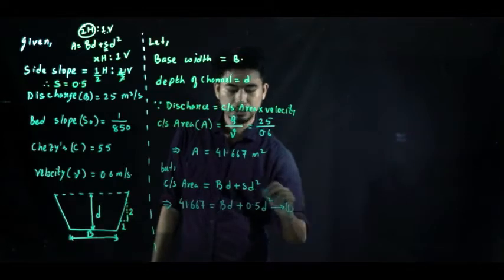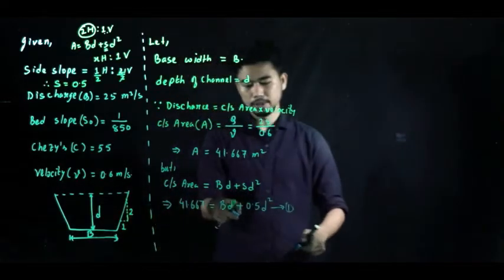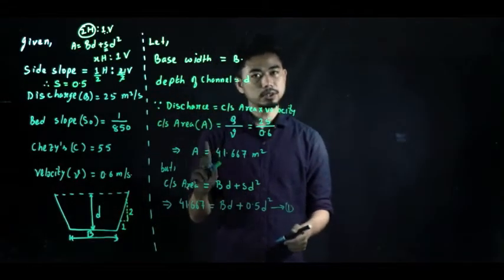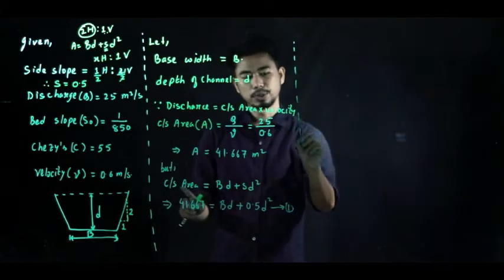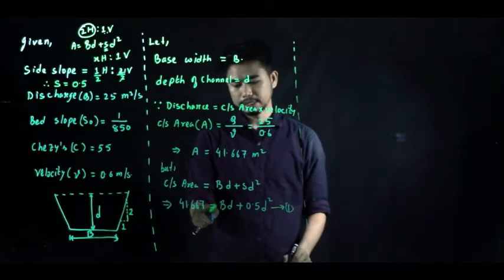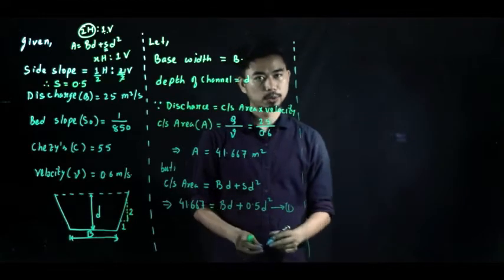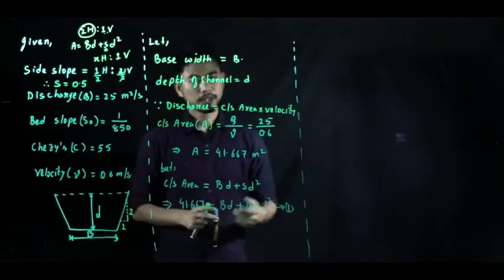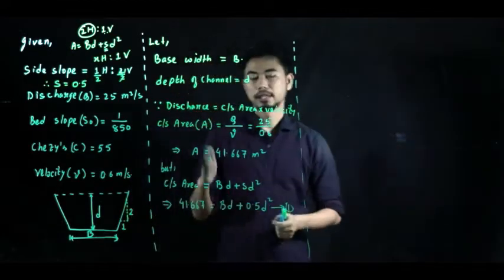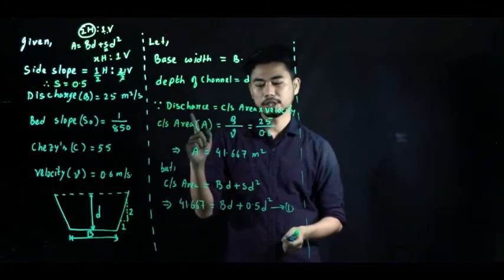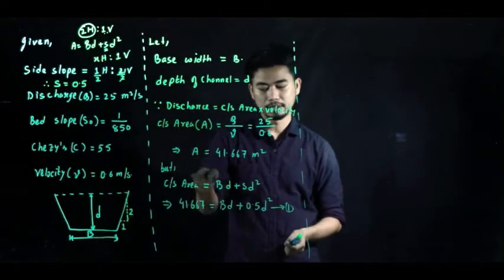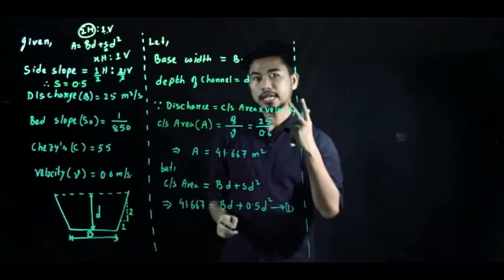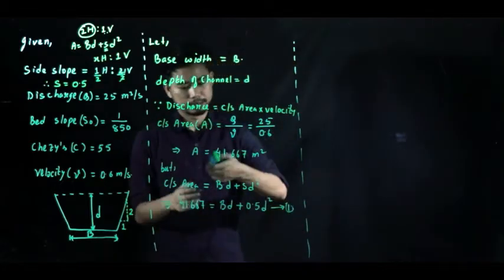So this is our first equation. Since we are having 2 variables B and D, minimum we will be requiring 2 equations. So one of the equations we have got, which is 41.667 equal to BD plus 0.5 D square. Remember, in the design question, the first equation you will get by equating the area. Okay, we have done it here. Now the second equation, from where you will get, let's see.